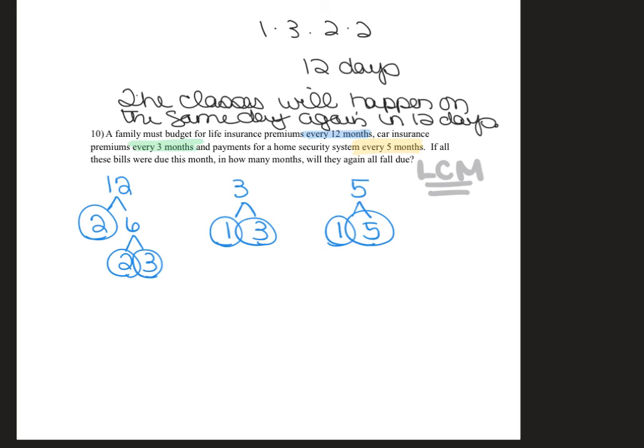We have nothing common across the board, so we are multiplying all these together. 2, 2, 3, 1, 3, 1, 5. 2 times 2 is 4, times 3 is 12, times 3 is 36, times 1 is 36, times 5 is 180. So 180 months.